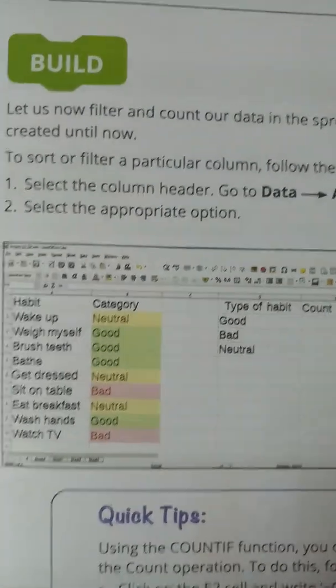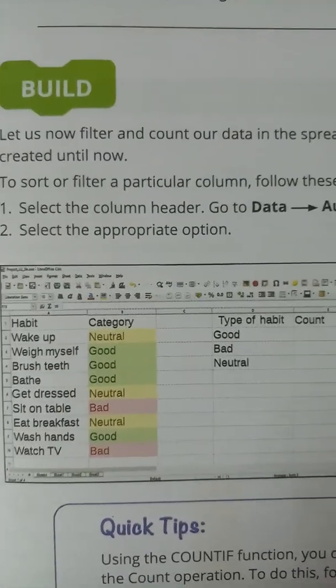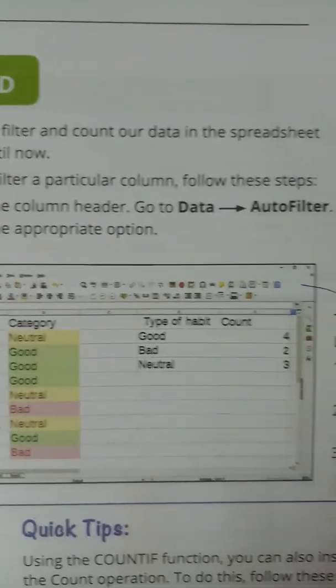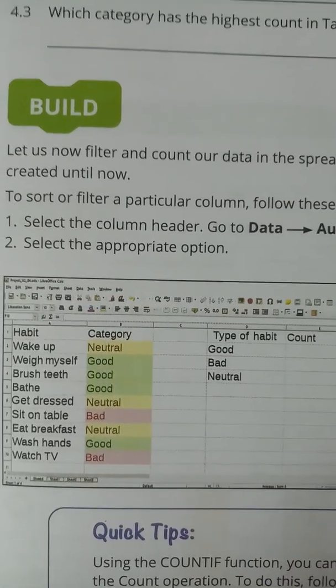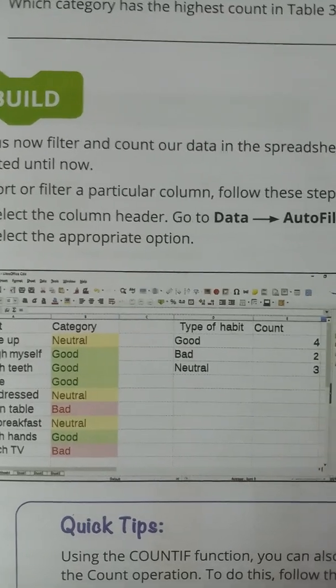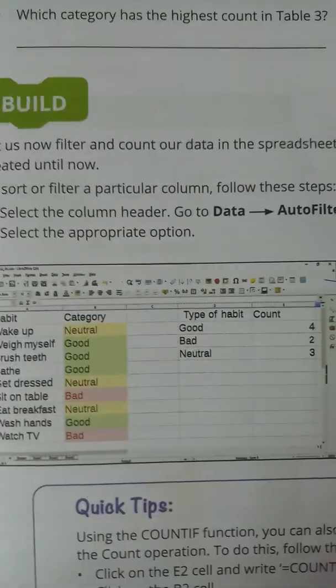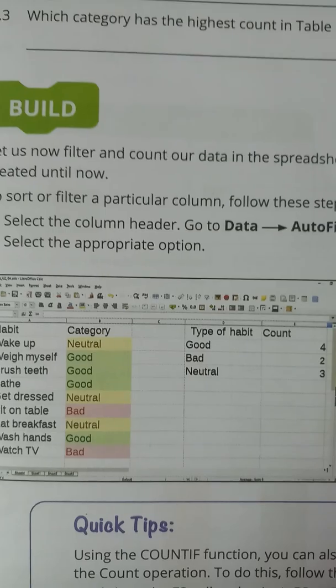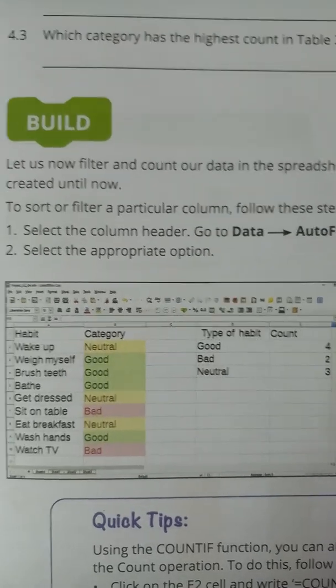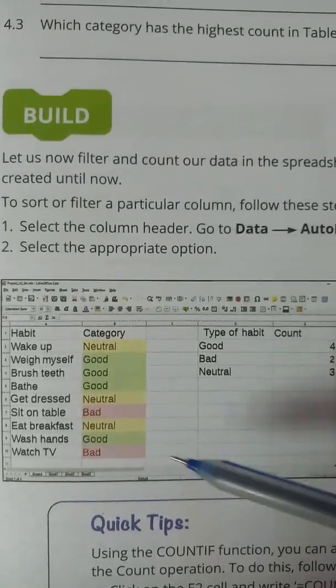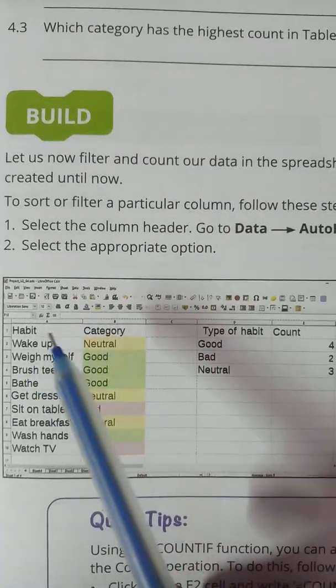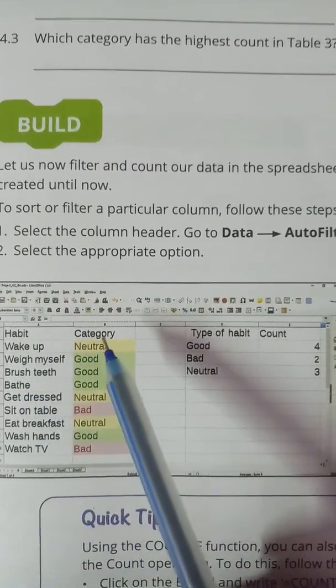Let us now filter and count our data in the spreadsheet. To sort or filter a particular column, follow these steps. First select the column header. This is the column header, Habit Category.